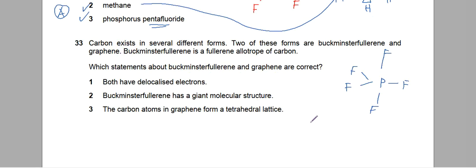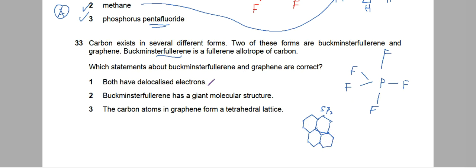So Buckminster fullerene and graphene. Graphene basically is a single sheet of sp2 hybridized carbon, it's like graphite, but it's a single sheet. Buckminster fullerene is this single sheet rolled into a sphere shape.